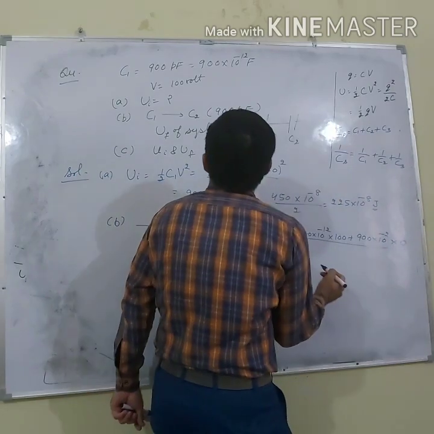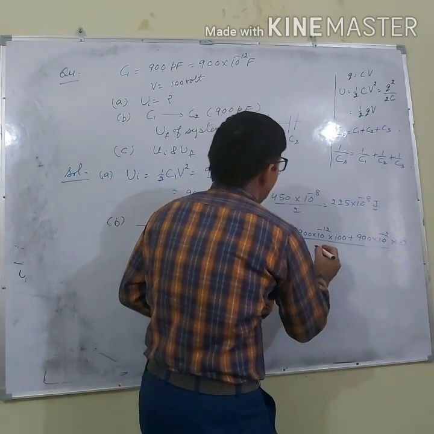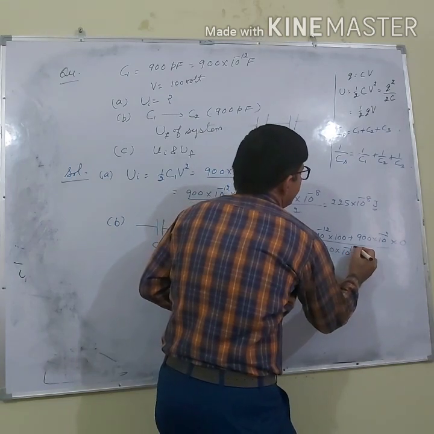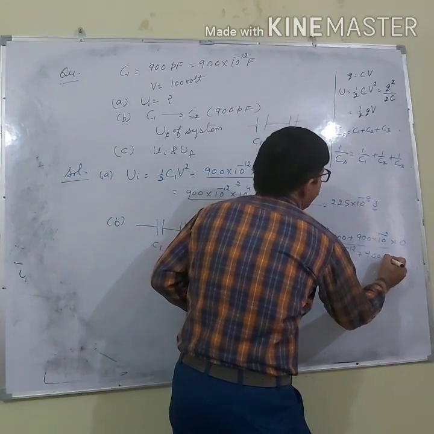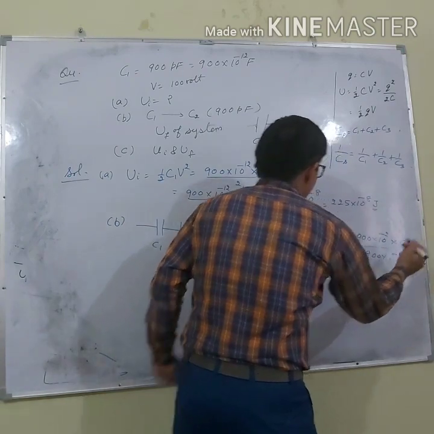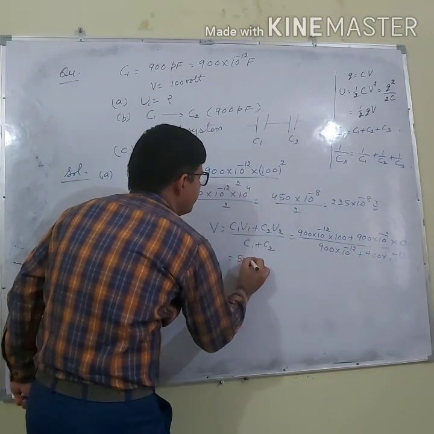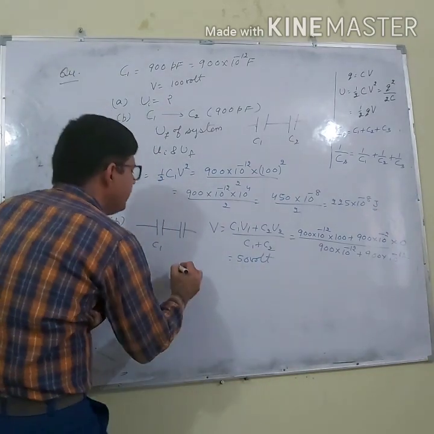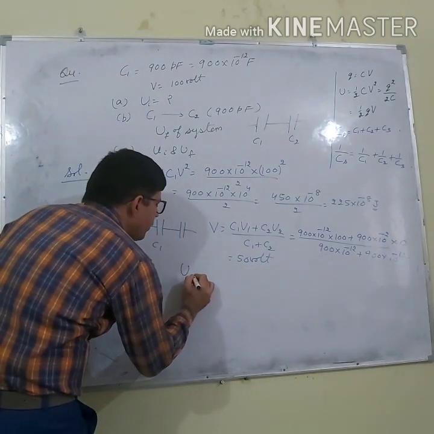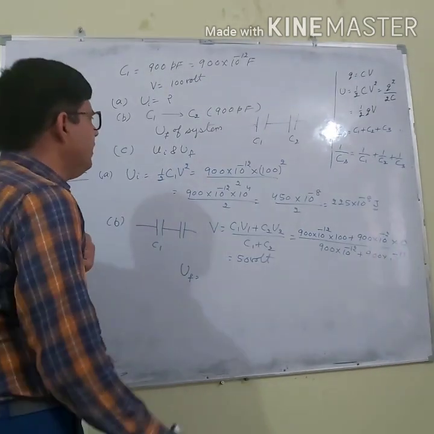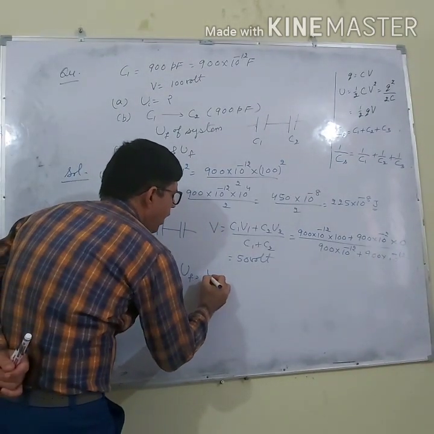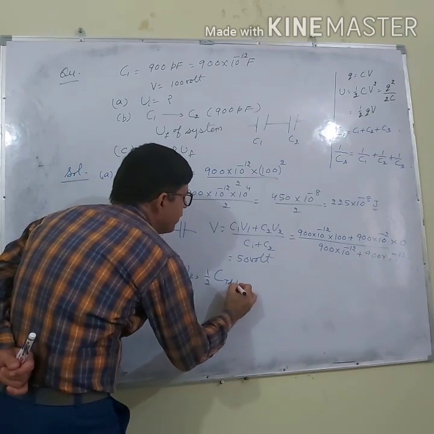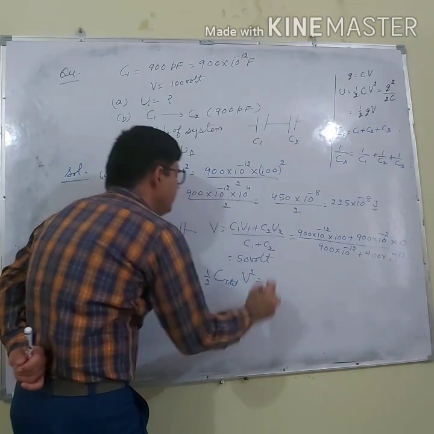And if you divide it by C1 plus C2, 900 × 10 to the power minus 12 plus 900 × 10 to the power minus 12, if you solve this, the answer will be 50 volt. Now, what is the potential energy stored in this combination? Half total capacity multiplied by V square.